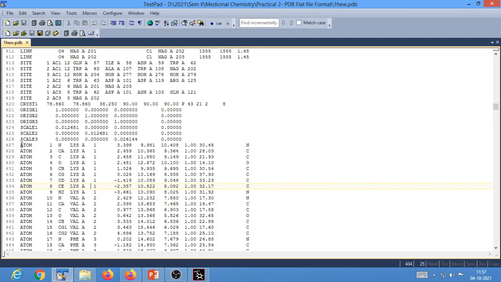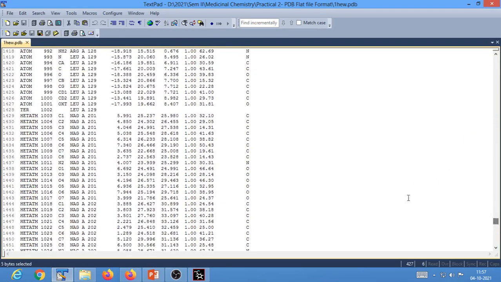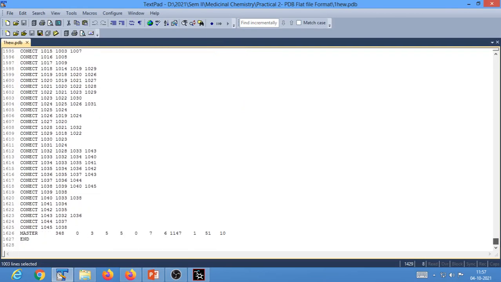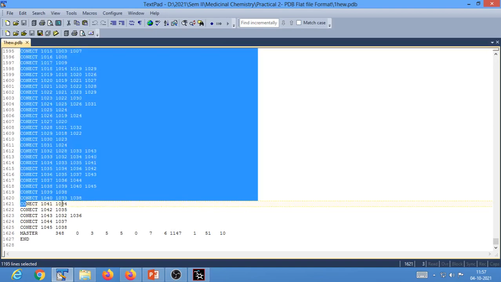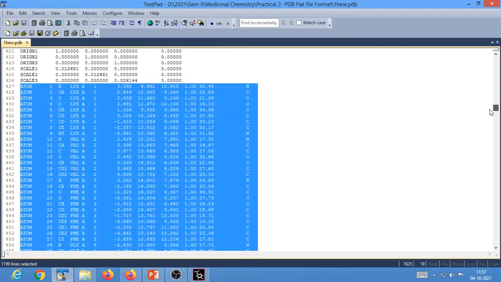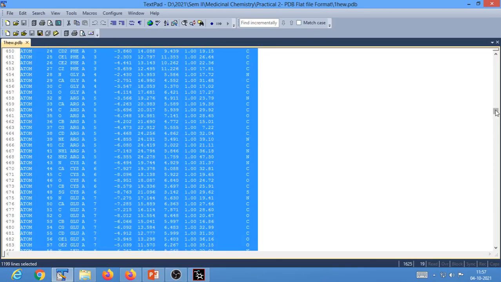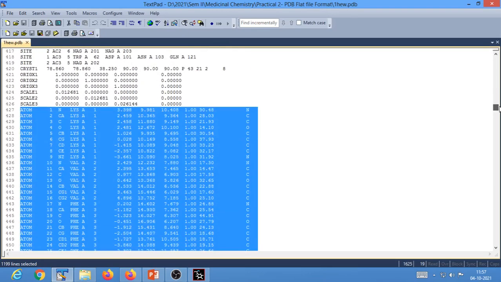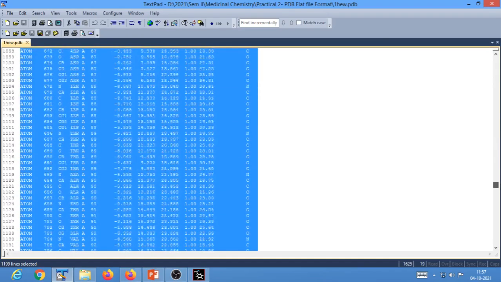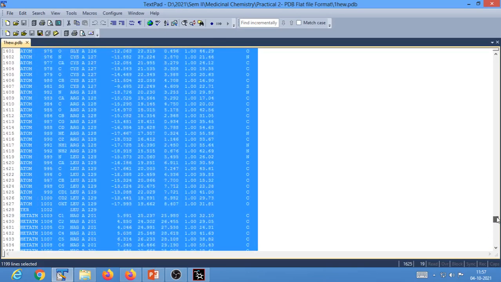All the lines that begin with the ATOM keyword, eventually the lines that begin with HETATM and the CONECT keyword, all of this data is included in your coordinate information, or we can call it coordinate lines. The majority, or the bulk, of your PDB file is occupied by these coordinate lines.